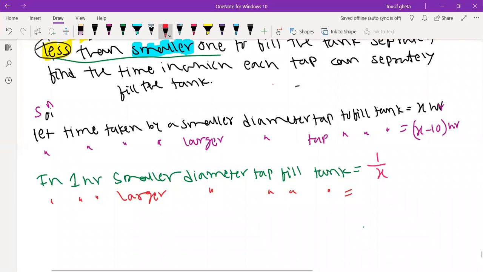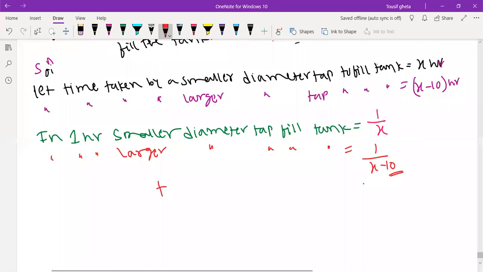Tell me what you can write. 1 by (x minus 10). This is the way. This is for the larger diameter. Total in 1 hour.